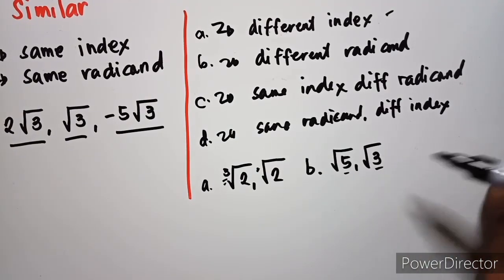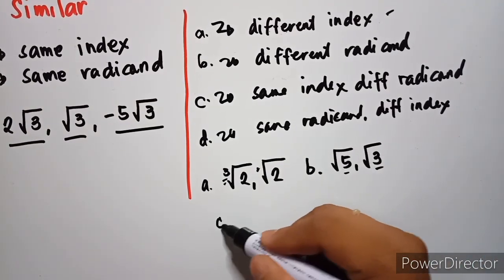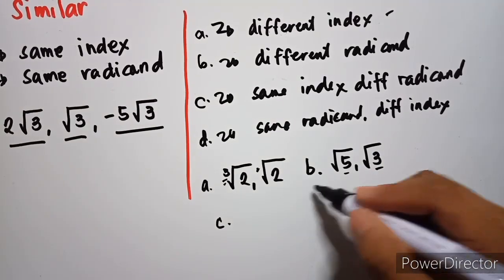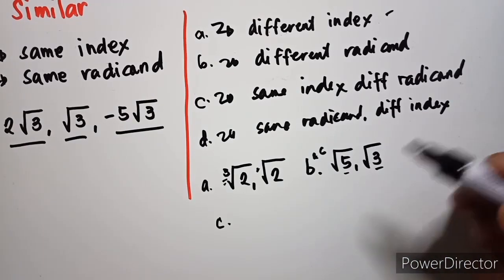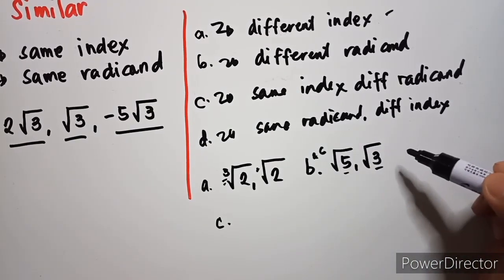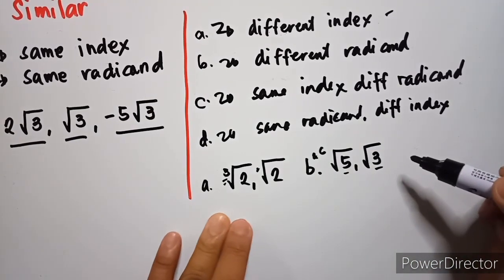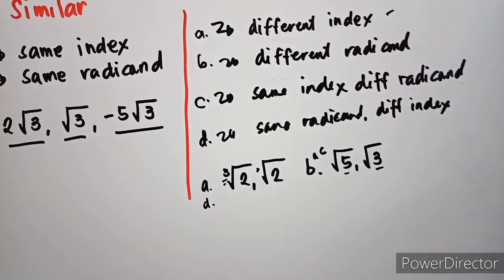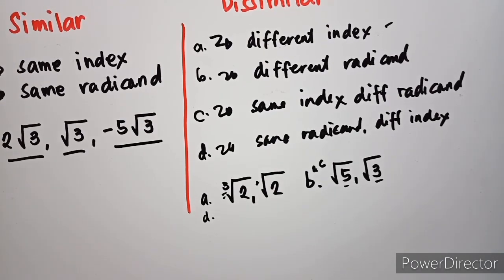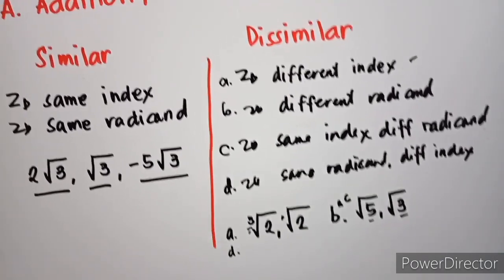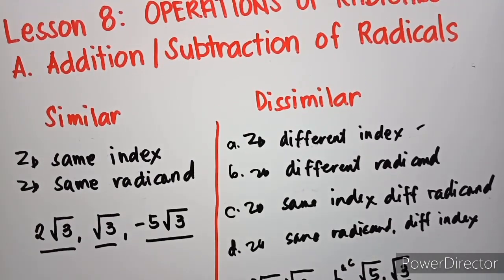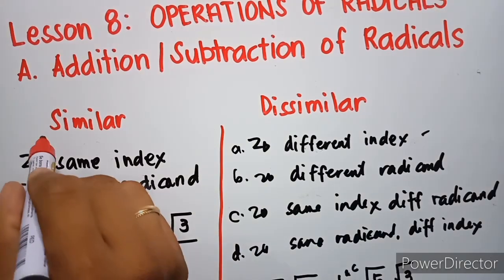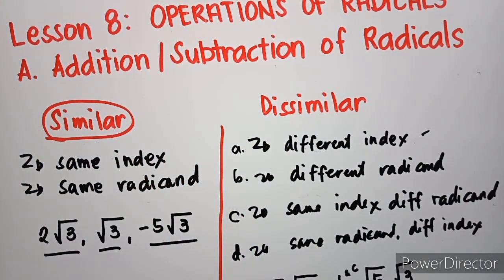Letter C, same index, different radicand, is the same as B. Letter D is same radicand but different index. Which of these can we add or subtract? We are going to add or subtract only the similar radicals.